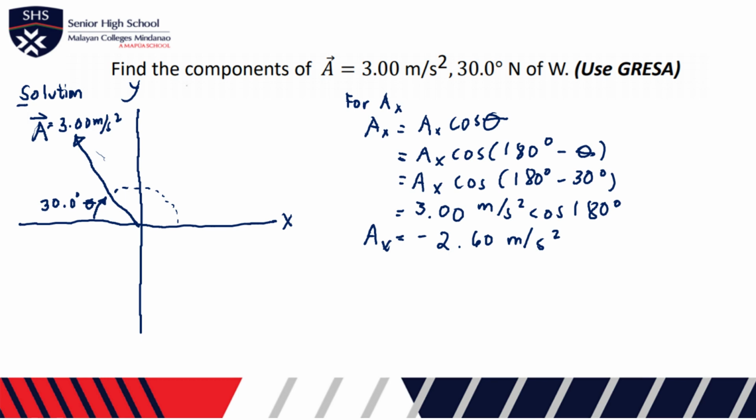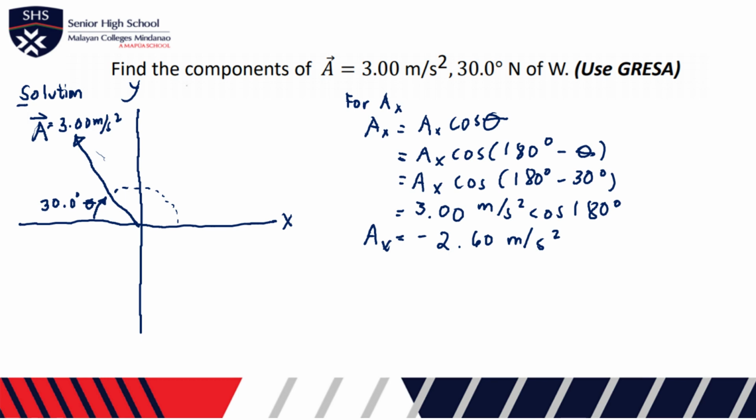But we could not simply put 30 there because we need to consider the vector relative to the x and y axes. Since in this example the vector goes 30.0 degrees north of west, we need to consider the complementary angle of 30 degrees from the x-axis for the component of this vector.